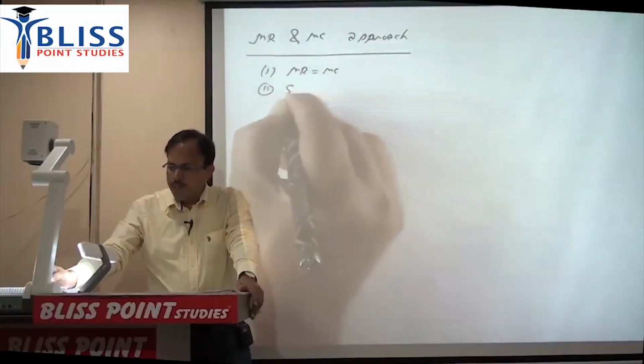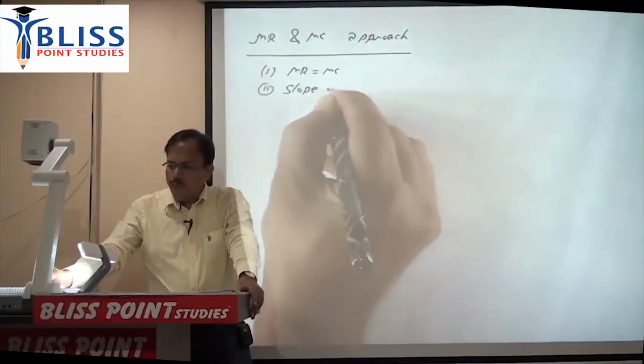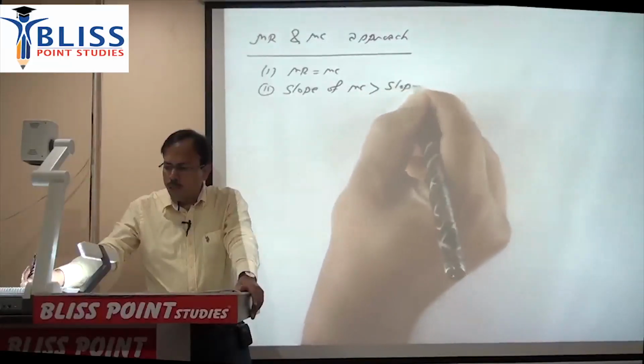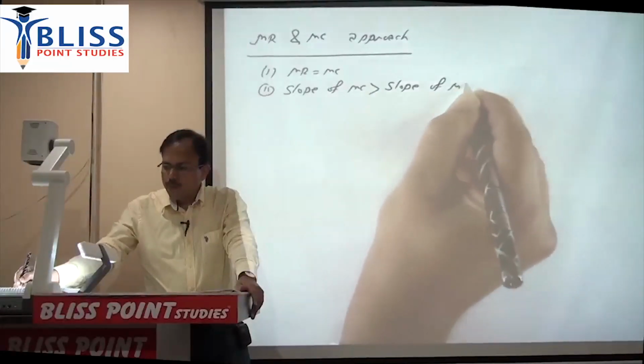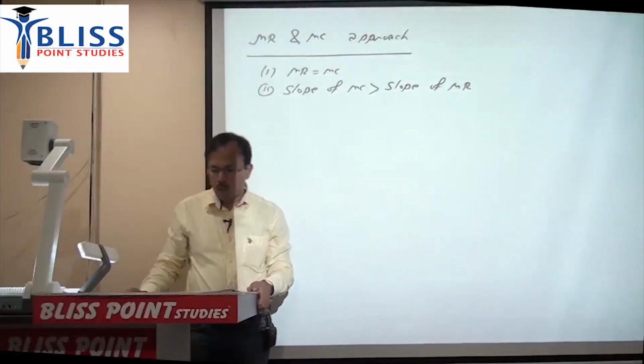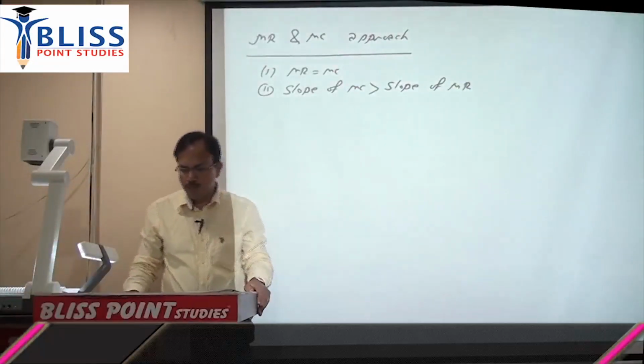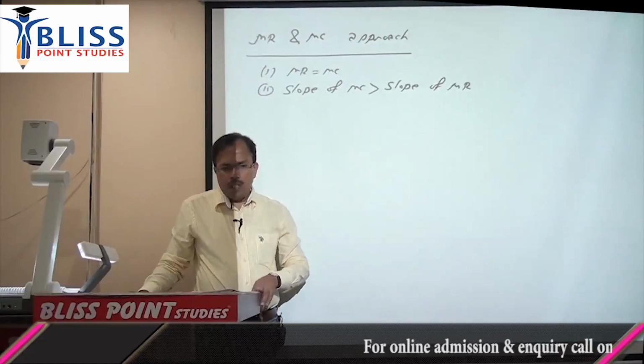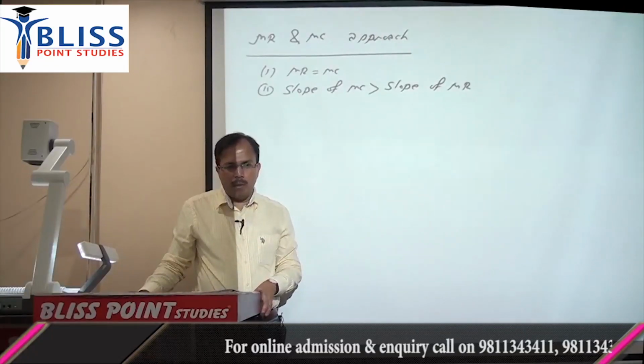And second, the slope of MC is greater than the slope of MR. Below that, the firm will be in equilibrium.